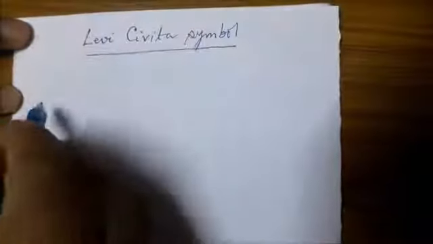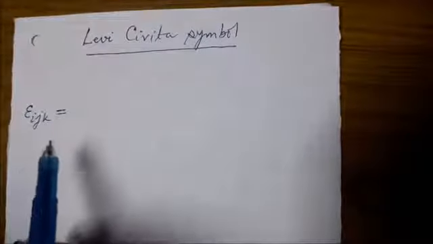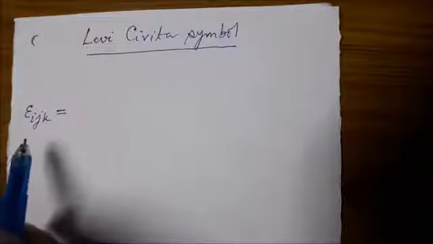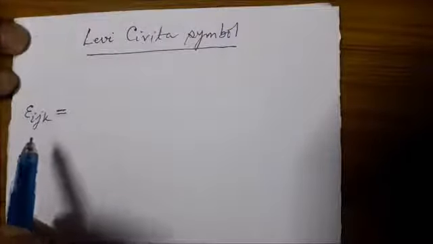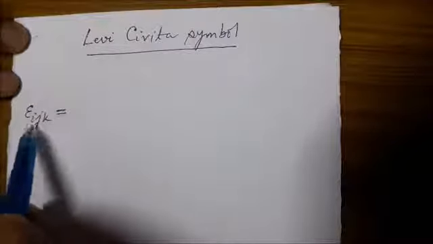Levi Civita symbol is denoted by epsilon ijk. So, unlike Kronecker delta, which involves two subscripts, Levi Civita symbol involves three subscripts, say i, j, k.